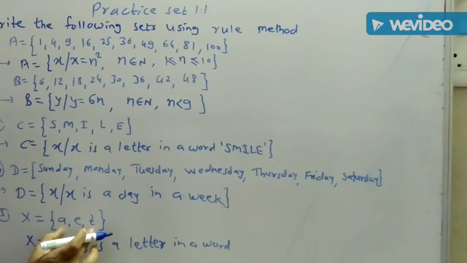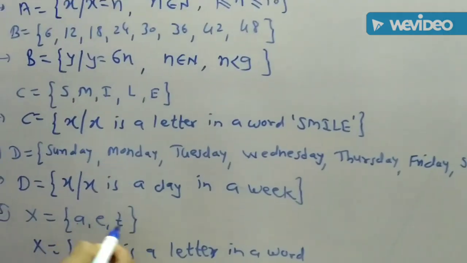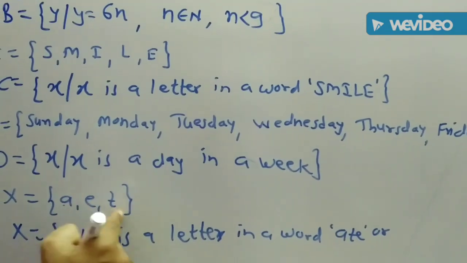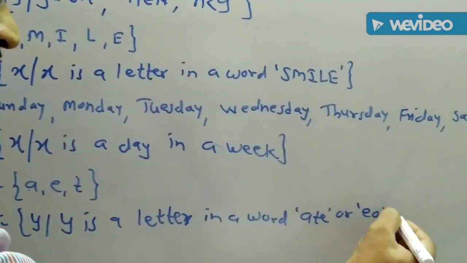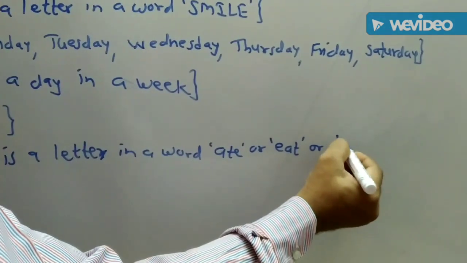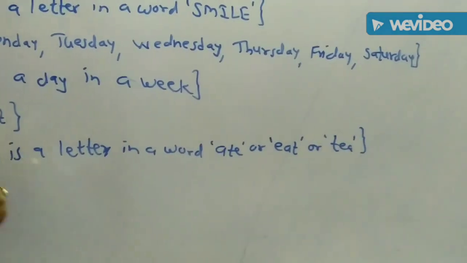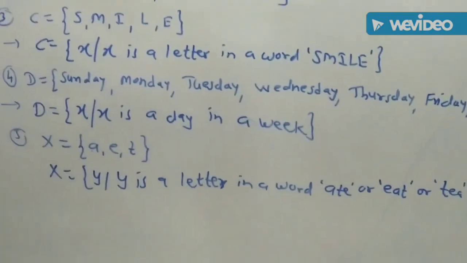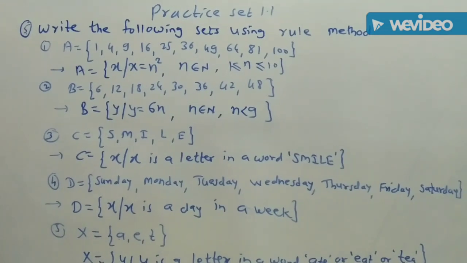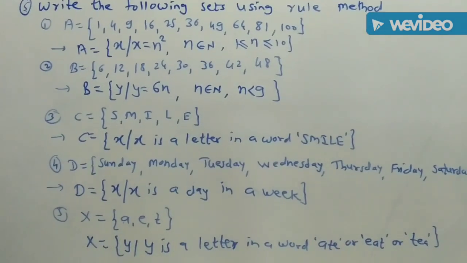How many words are possible from this? First is ATE, or EAT, or TEA. These are the letters in the word ate, or eat, or tea, and these are the examples of practice set 1.1.